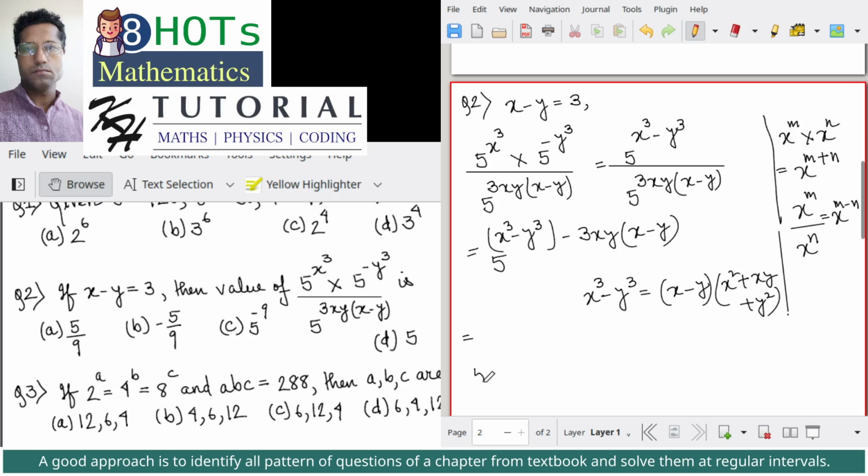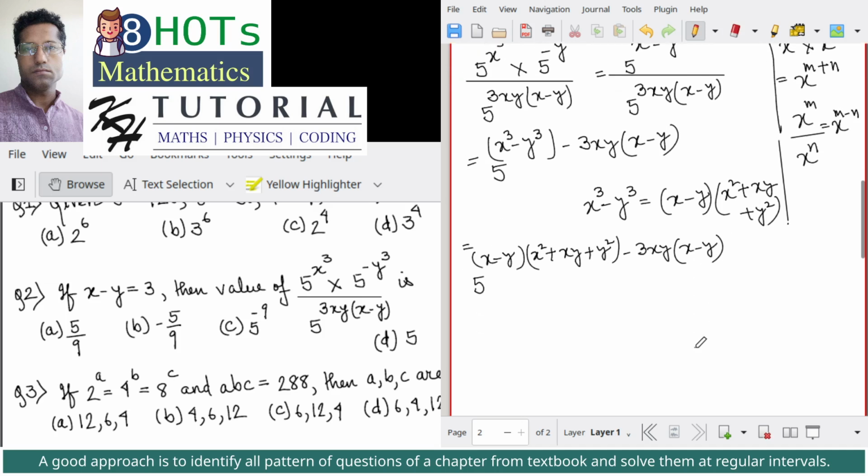So this becomes 5 raised to the power x cube minus y cube. I will write it as x minus y multiplied by x square plus xy plus y square, and I have minus 3xy times x minus y. Now concentrate on the power.